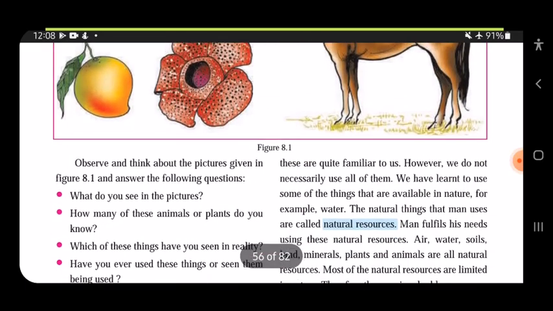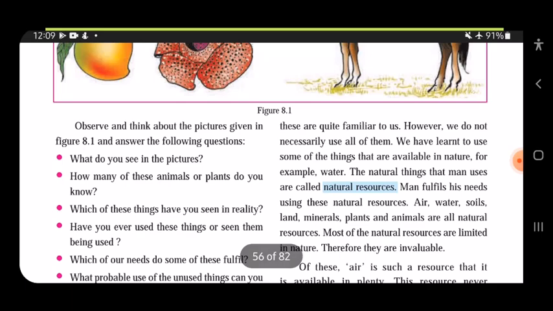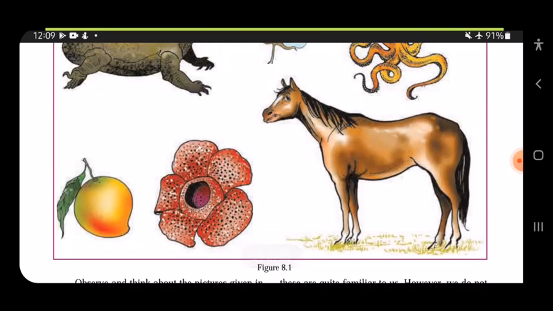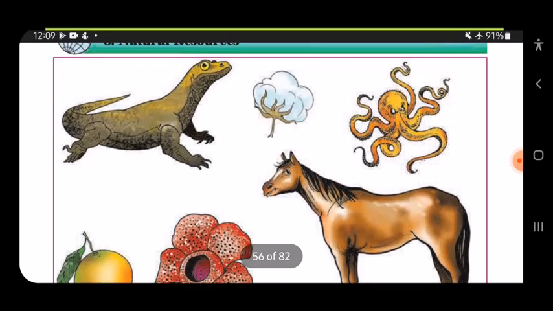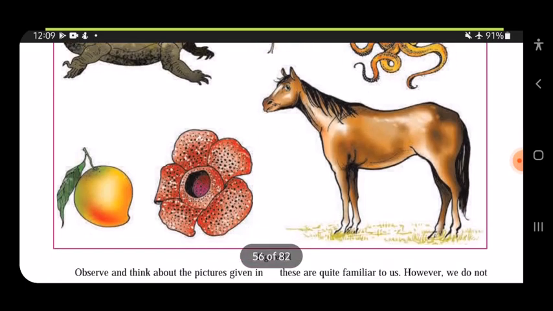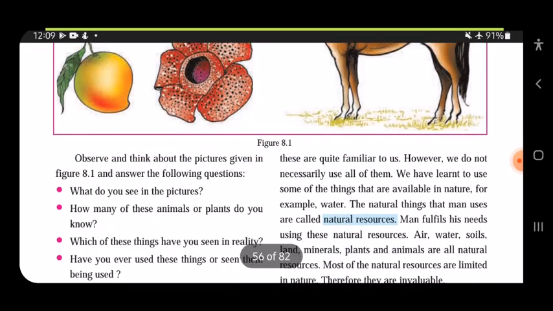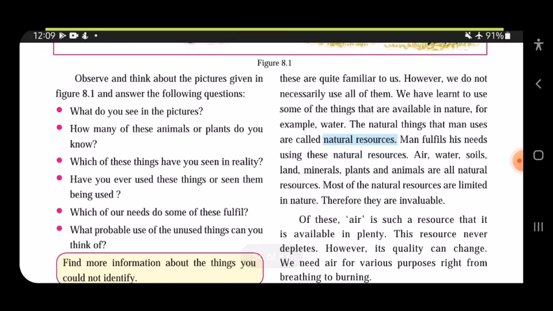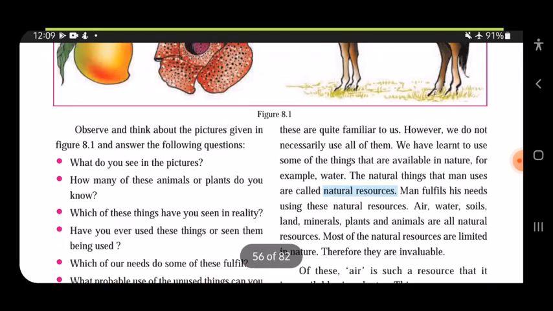Okay. Which of these things have you seen in reality? You might have seen a horse, you might have seen a mango, a cotton. I don't know whether you have seen an octopus. So there are some things which we have seen in reality and some we have not. Have you ever used these things or seen them being used? Yes, we have.